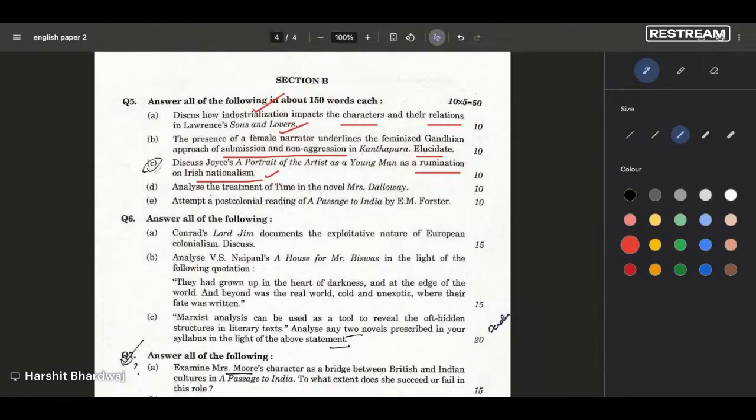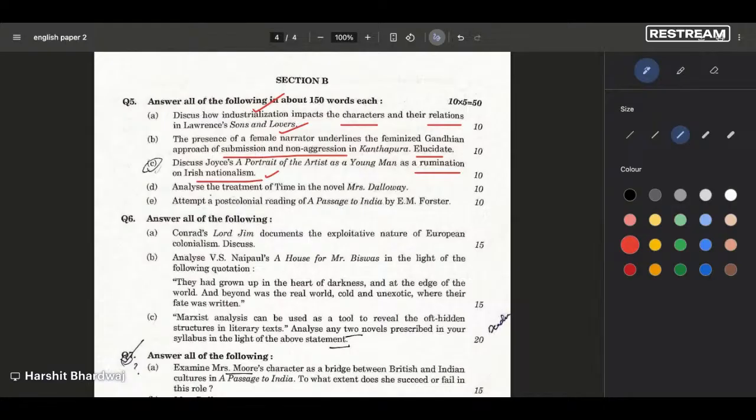So if you read this text, and if you read anything about Irish nationalism, there are elements. The entire text is very political, and in fact, the primary protagonist Stephen Dedalus, the theme of the text is that he has to escape all the societal structures to become an artist.